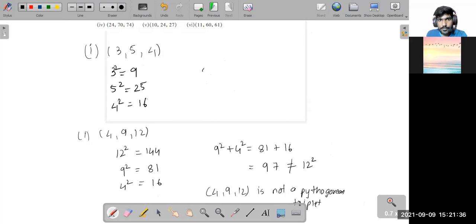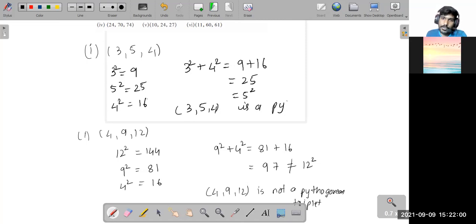So 3 square plus 4 square is 9 plus 16, which is 25, which is 5 square. So you can say that 3, 5, 4 is a Pythagorean triplet. Is this clear, both the sums?